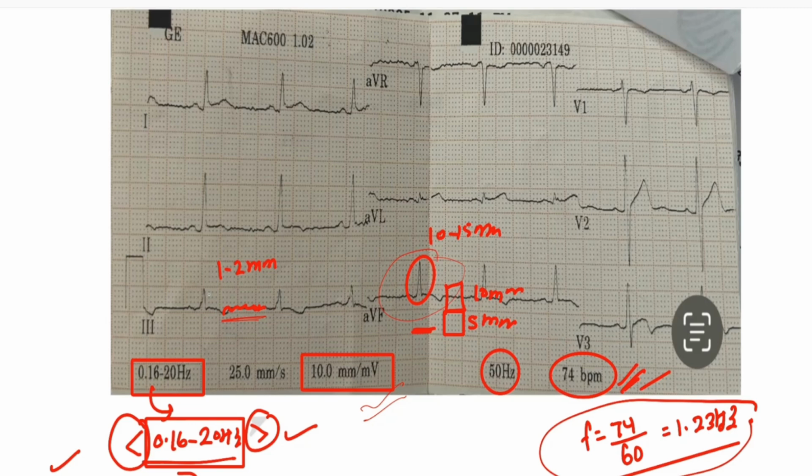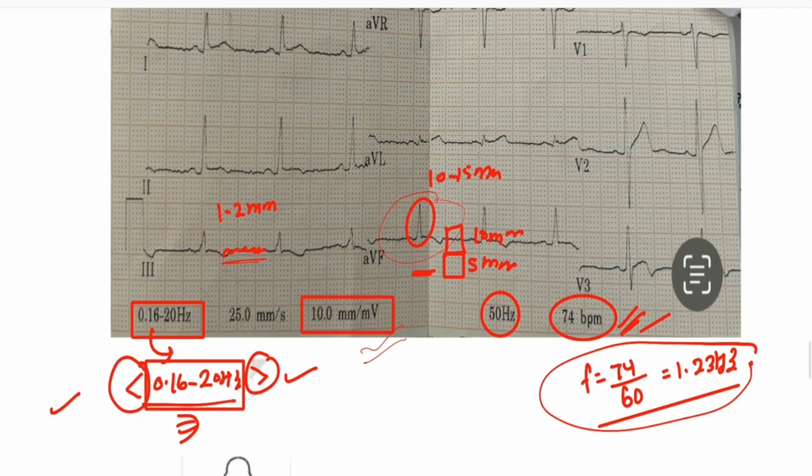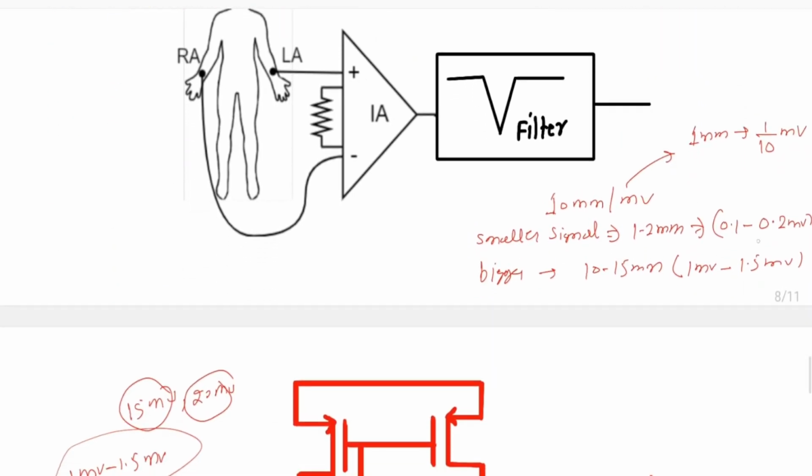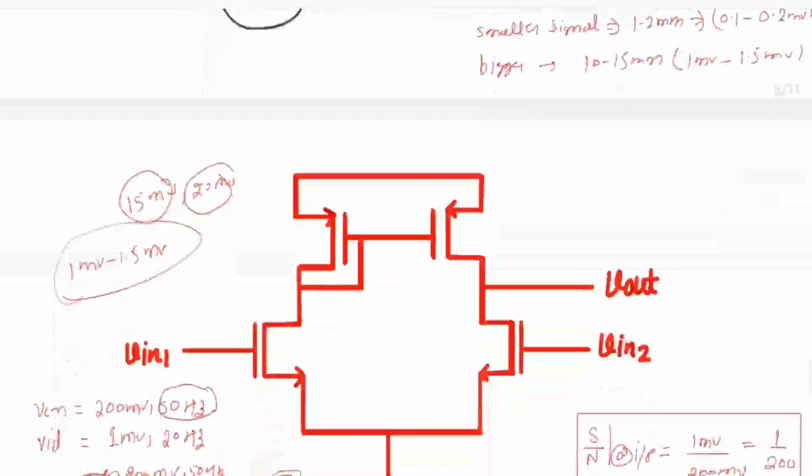I roughly estimated that my heart signal may be between 1 to 2 mm for the smaller signal and 10 to 15 mm for the bigger signal. So I estimated that can be 0.1 to 0.2 millivolt for the smaller one, and the bigger one is 1 millivolt to 1.5 millivolt.